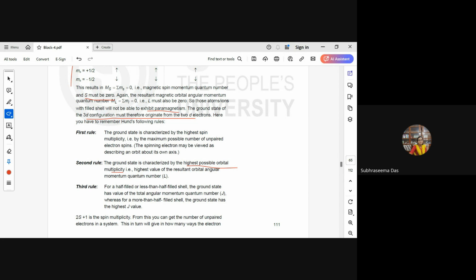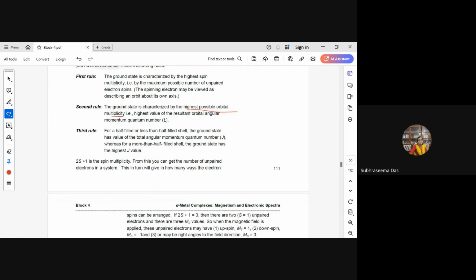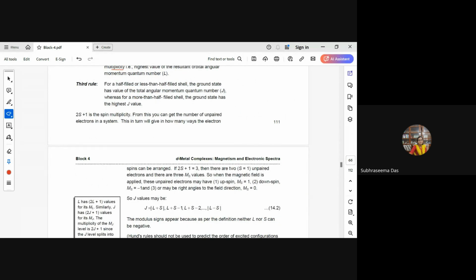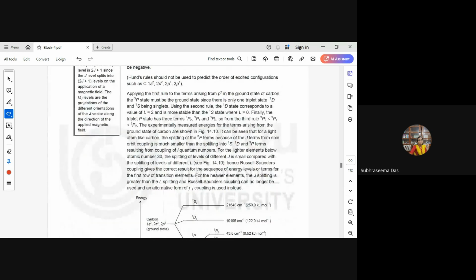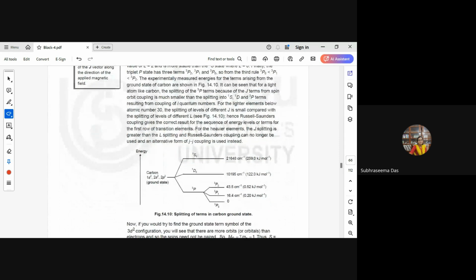Here 2S plus 1 is called the spin multiplicity. If 2S plus 1 is equal to 3, then there are 2S equal to 2 unpaired electrons. So the following J values are possible. The modulus is given because neither S nor L can be negative. This is how Russell-Saunders coupling has been used.